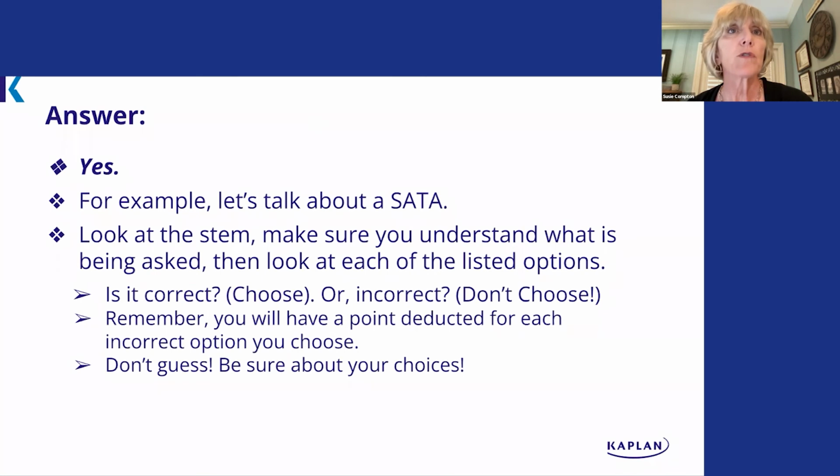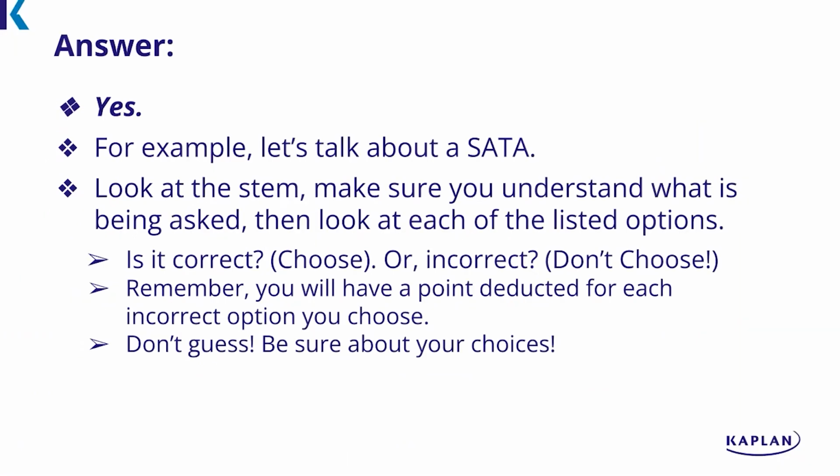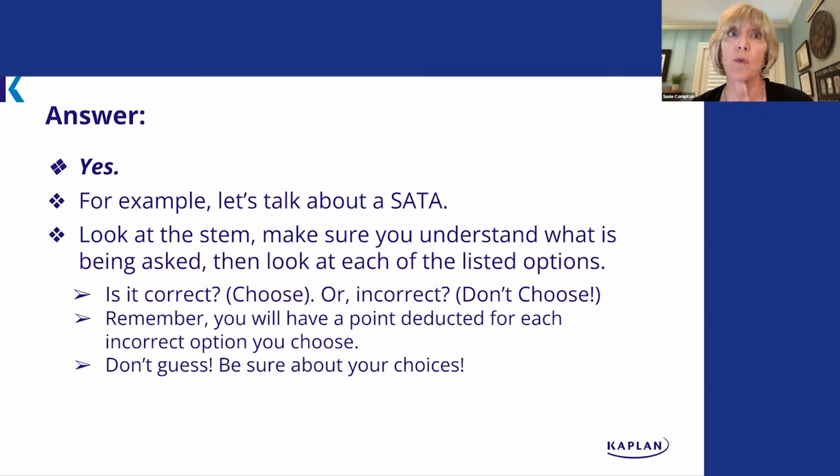With the launch of partial scoring by NGN in April of 2023, a SATA will be scored differently than before. What does that mean? It means if you know it is correct, choose it. If you are not sure, it is better not to guess. You will receive a point for each correct choice, but you will also have a point removed for each wrong choice.